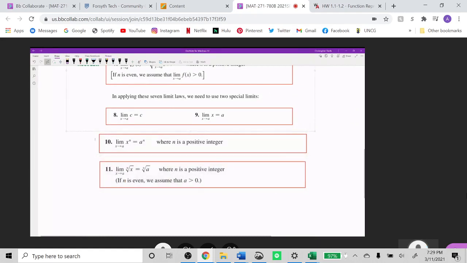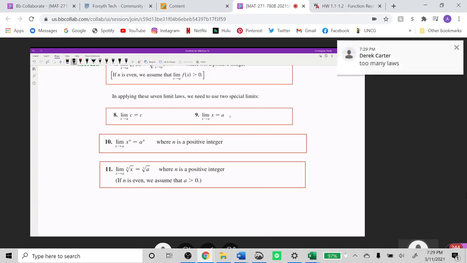So like number 9 here, this is just saying that for the line y equals x, as my x values get closer and closer to a, my y values are also getting closer and closer to a.